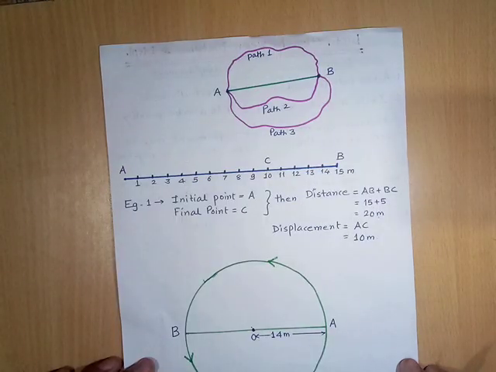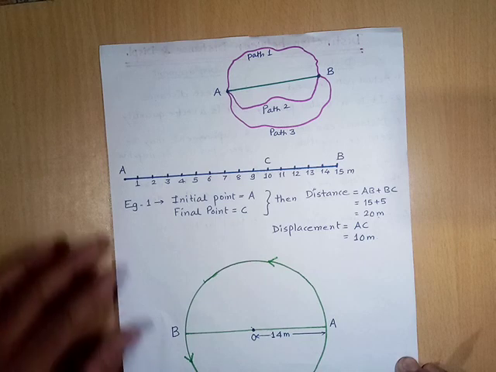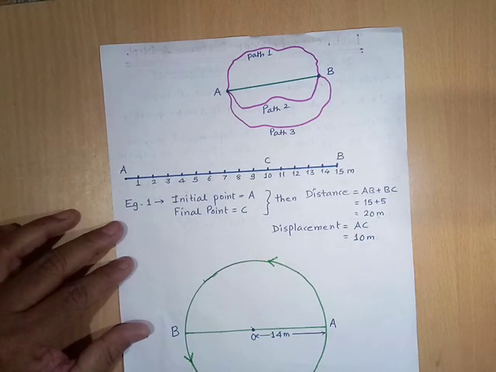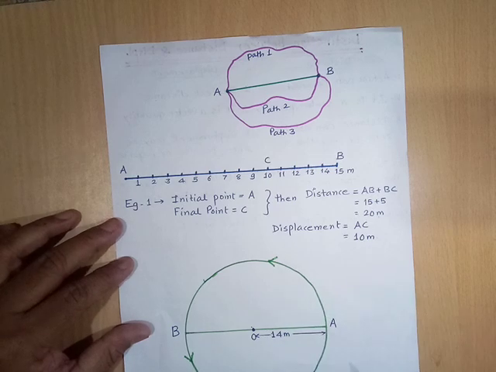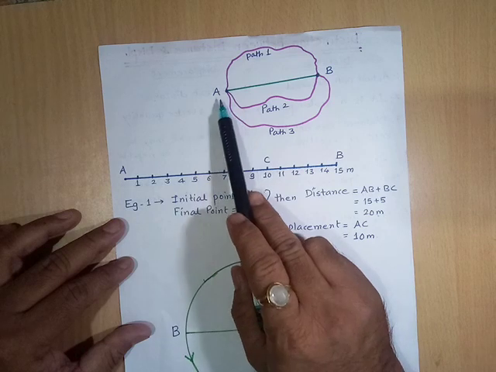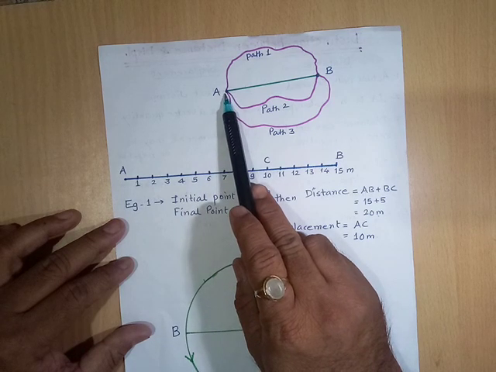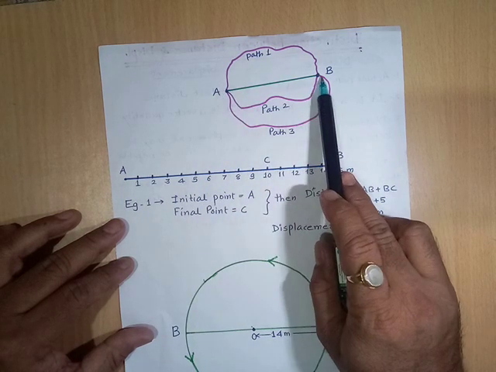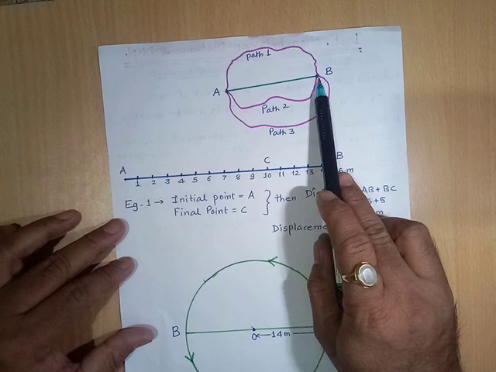In order to understand the difference between distance and displacement, let's consider some examples. I have some examples put forward over here. We will try to understand how the distance can be represented and how the displacement can be represented. Let us consider that I have A as the initial point and B as the final point of the movement of the object.